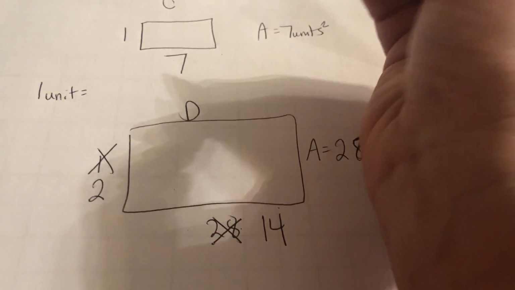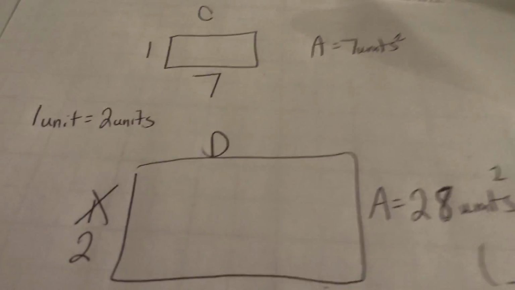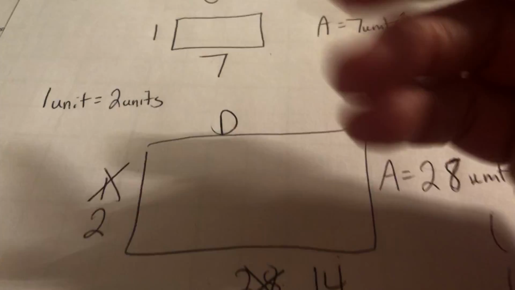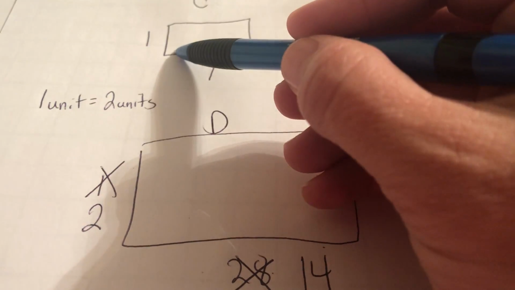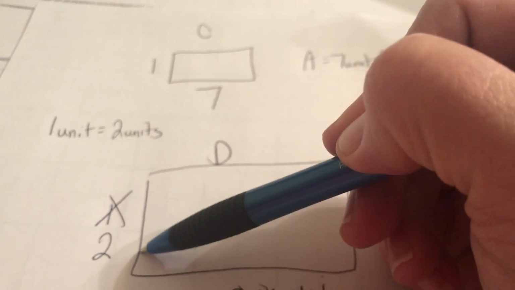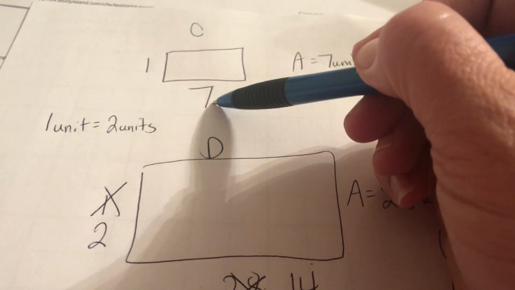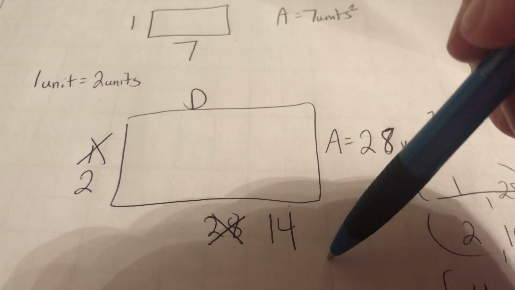So here, our scale factor is 1 unit would be equal to 2 units because we are multiplying by 2 each time. So 1 unit in the first shape is equal to 2 units in the second shape. So 1 times 2 is 2, and 7 times 2 is 14.